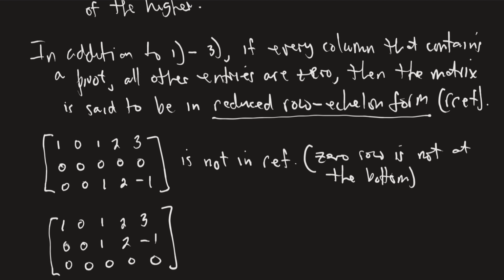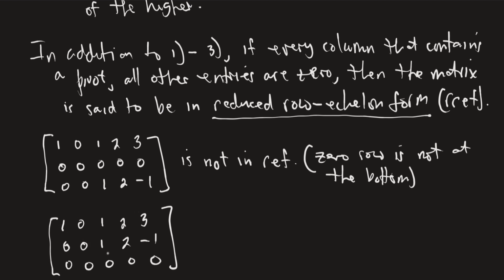Now let's see if it passes the test. Definitely the 0 row is at the bottom. Every leading entry or pivot is 1, so that's good. And then the pivot in the lower row is further to the right. It might not necessarily be on the diagonal, but it's hard to refer to a diagonal when this rectangle isn't really a square.